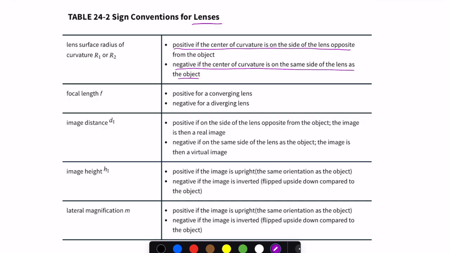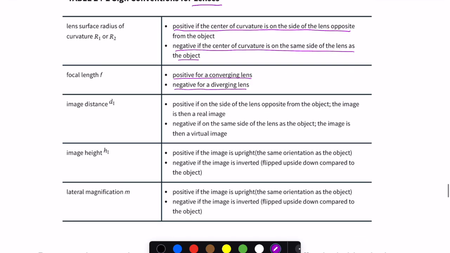The focal length is going to be positive for a converging lens and negative for a diverging lens. And the image distance, this is where things get flipped from mirrors. It's now going to be positive if the image is on the opposite side of the lens as the object is, and that's what we call real for lenses. The image distance is going to be negative if it's on the same side as the object, and that's where it's opposite from mirrors. And then we call that a virtual image. Image height, same as mirrors.